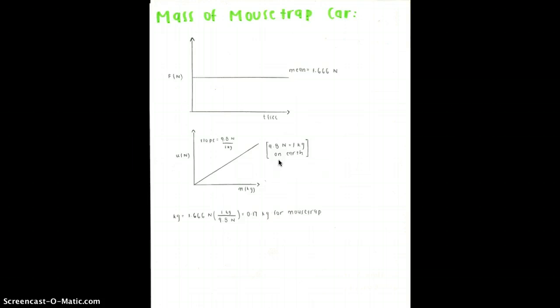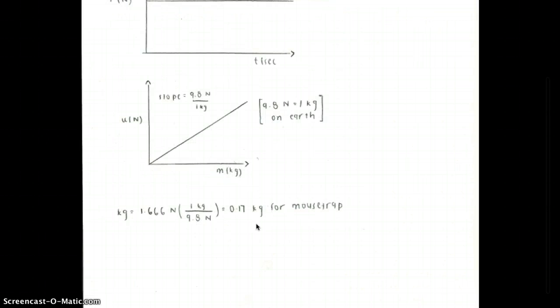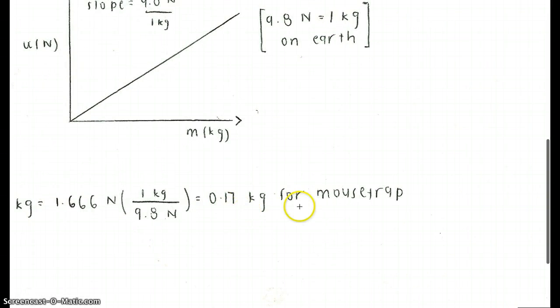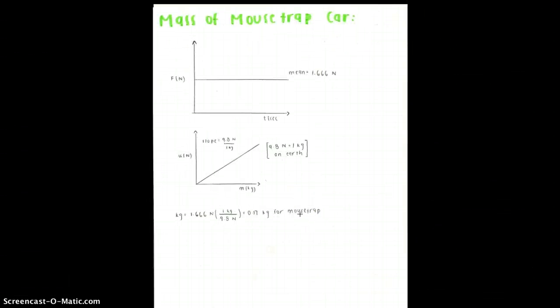For every 1 kilogram, there are 9.8 newtons acting upon it, which means 9.8 newtons equals 1 kilogram. So to find the mass, we did 1.666 newtons times 1 kilogram over 9.8 newtons, which cancels out our newtons to leave us with kilograms, and the answer is 0.17 kilograms for our mousetrap.